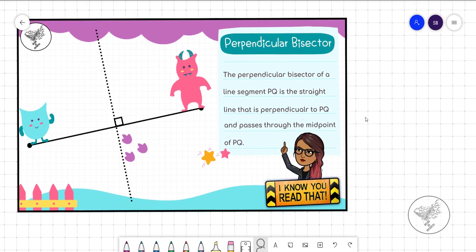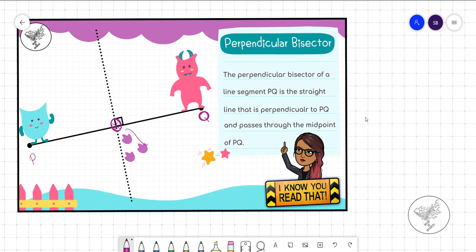The perpendicular bisector of a line segment PQ is a straight line that is perpendicular to PQ and passes through the midpoint of PQ. Now let me name this as P and this is Q. So this is a line that is perpendicular to PQ and it bisects the line PQ into two equal parts.